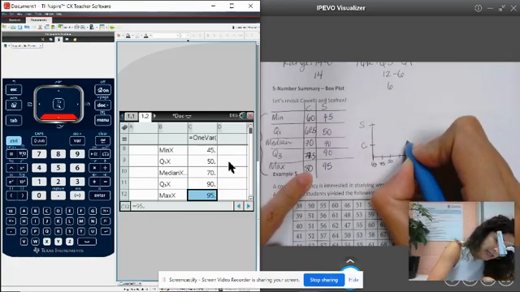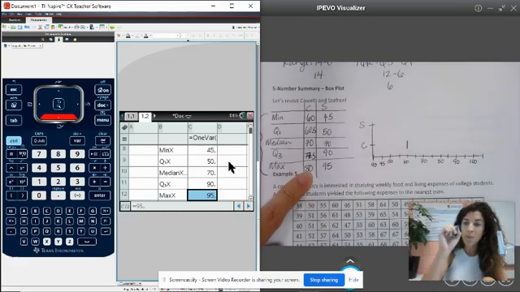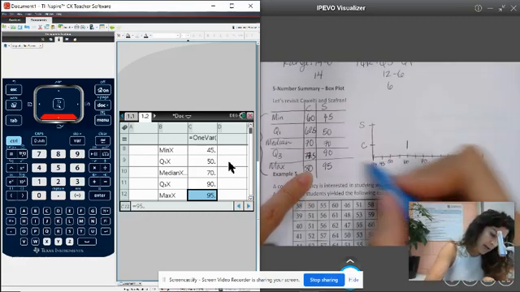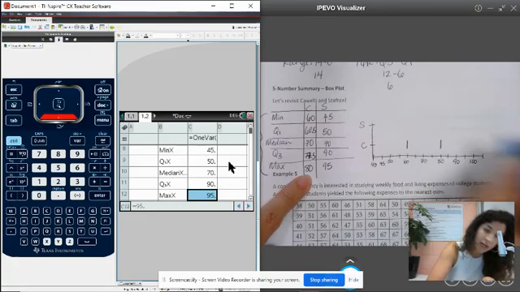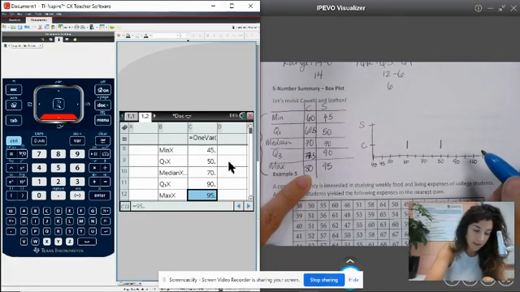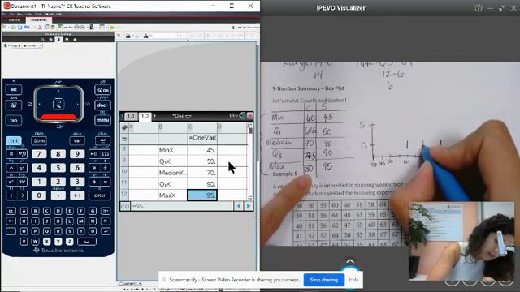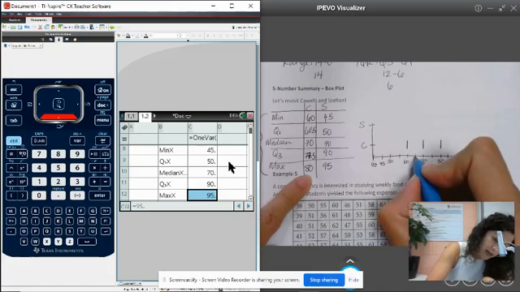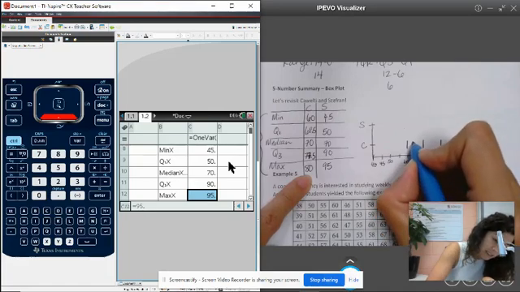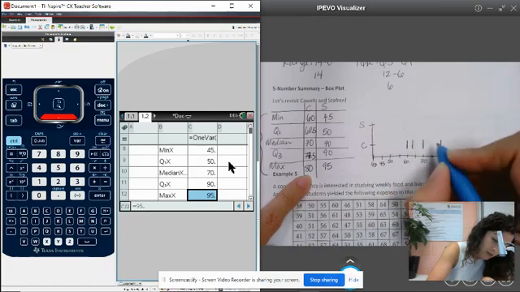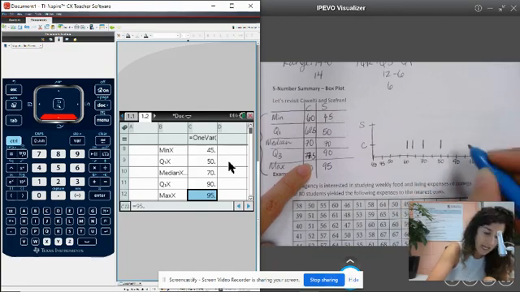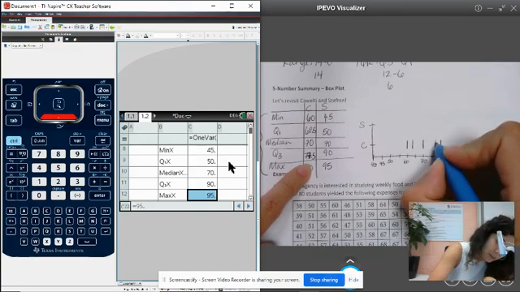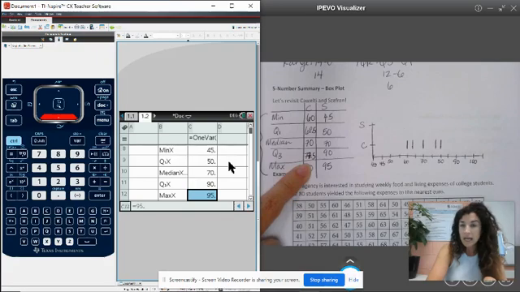So I'm going to go to 60 and just put a line, like I'm about to draw a box. And then my maximum is 80. I'm going to put another line. 70, another line. 62.5, which is halfway between 60 and 65, I'll put a line. And then 77.5 is halfway between 75 and 80. So I'm going to put that there.